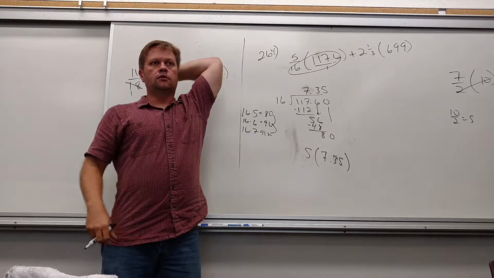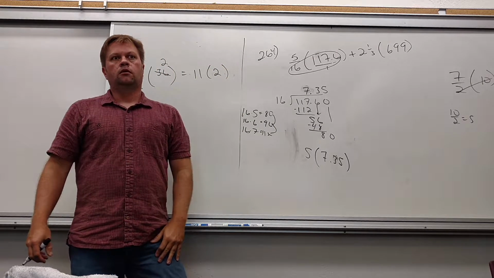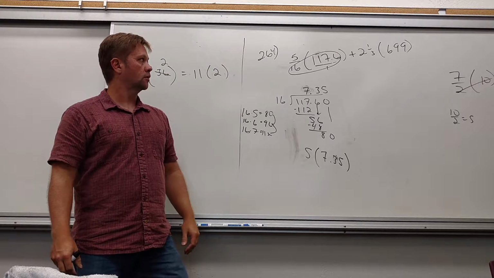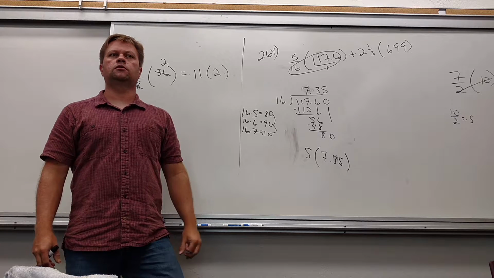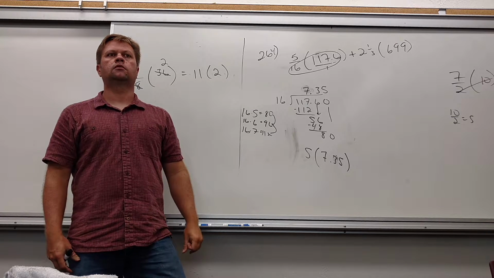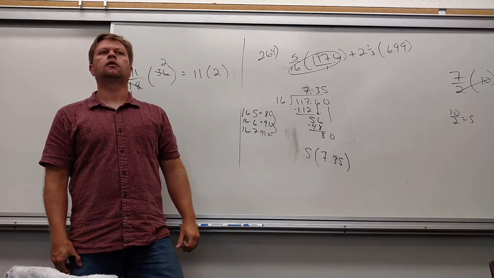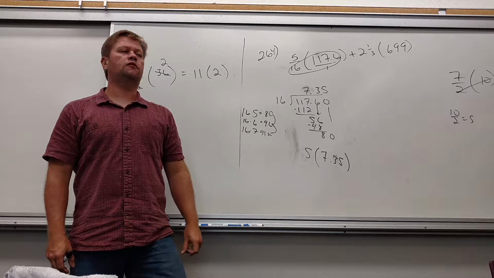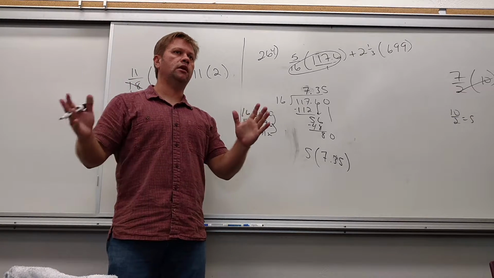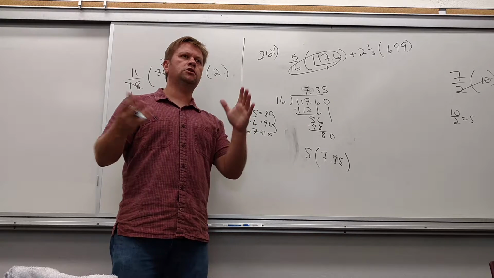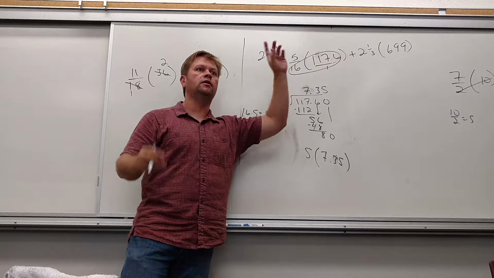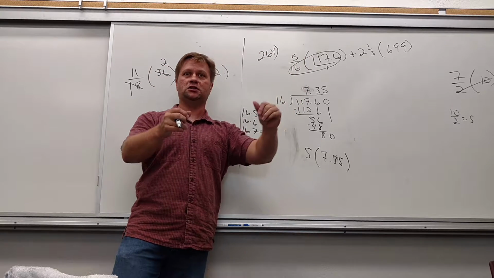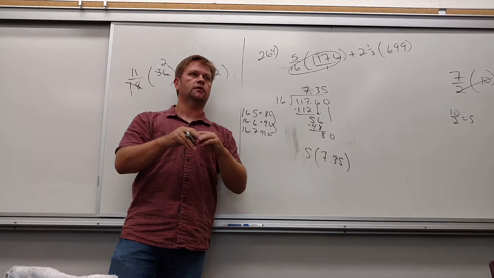Yes? I don't know why, but instead of putting a 1 under the number, I put a 10. Well, then don't. But see, if you put a 10 under it, you've changed the problem. You can't just put a 10. Why am I allowed to put a 1 under anything? Because dividing by 1 doesn't change it. It leaves it the same.